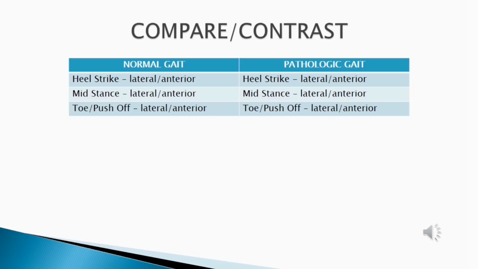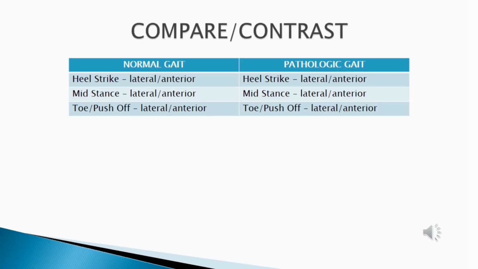And then we'll contrast that with pathologic gait at heel strike from both the lateral and anterior view. And we'll repeat that process for the mid-stance phase of gait, and then also for the toe or push-off phase of gait. Okay? So let's begin now.